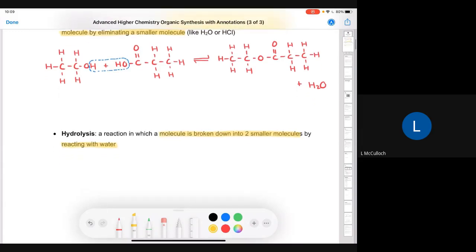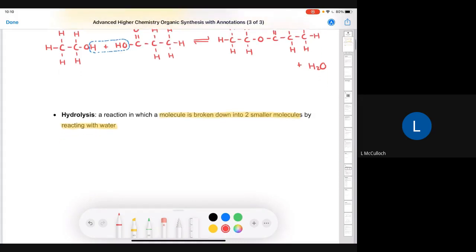So for this particular example here, we're going to look at the hydrolysis of an amide to produce an amine and a carboxylic acid. It is a reaction that we looked at in the proteins part of the higher course, but I think it's probably worth doing as a wee example here just to remind ourselves about all of these different reactions that we looked at.